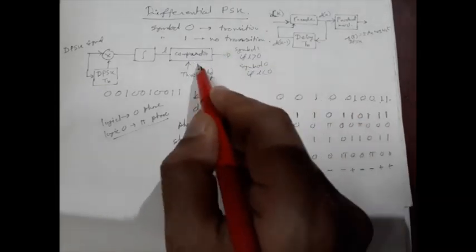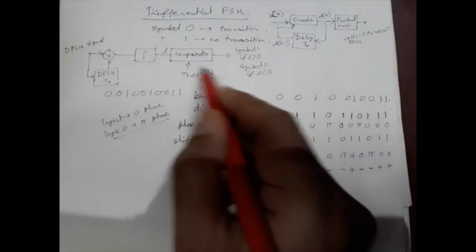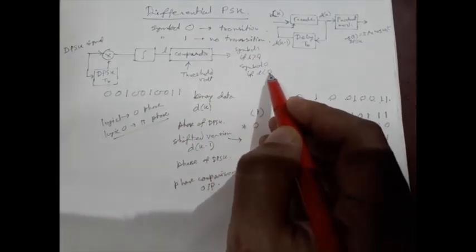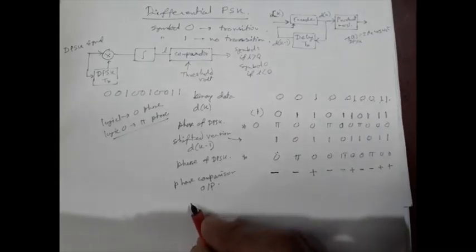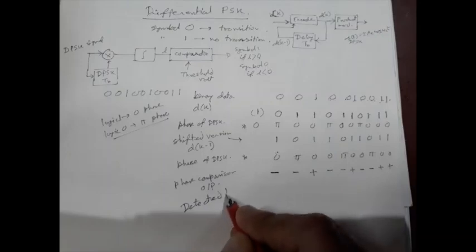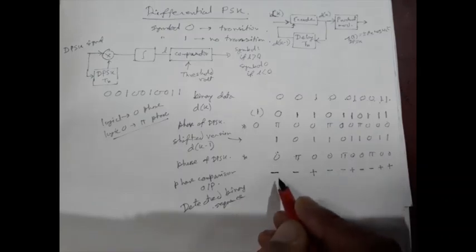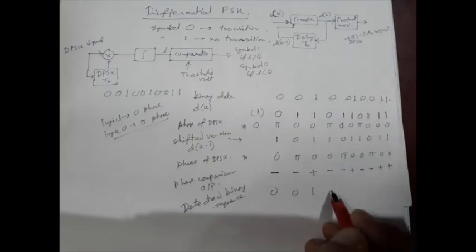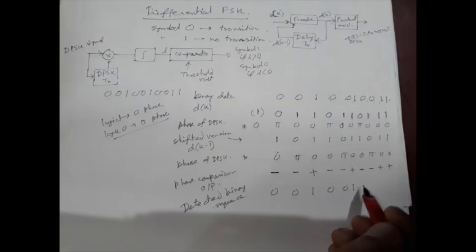The phase comparison output is compared with the threshold voltage, and symbol 1 if L is greater than 0, symbol 0 if L is less than 0. So for the detected binary sequence, negative voltage gives 0, negative 0, positive means 1, negative means 0, negative means 0, 1, 0, 0, 1, 1.